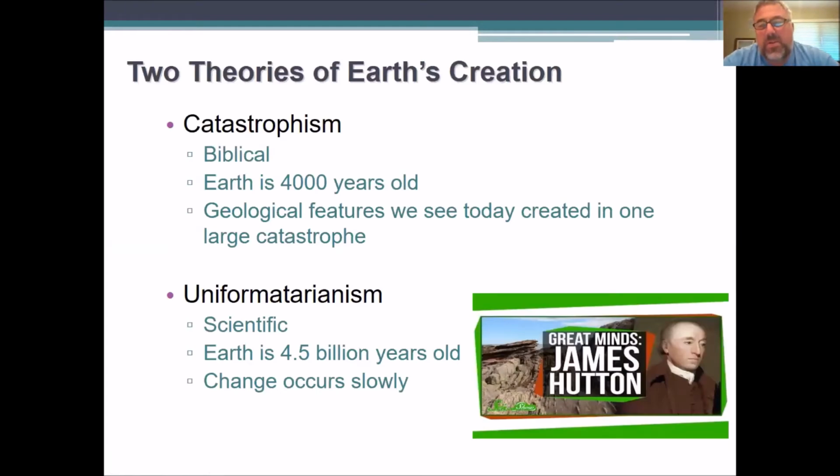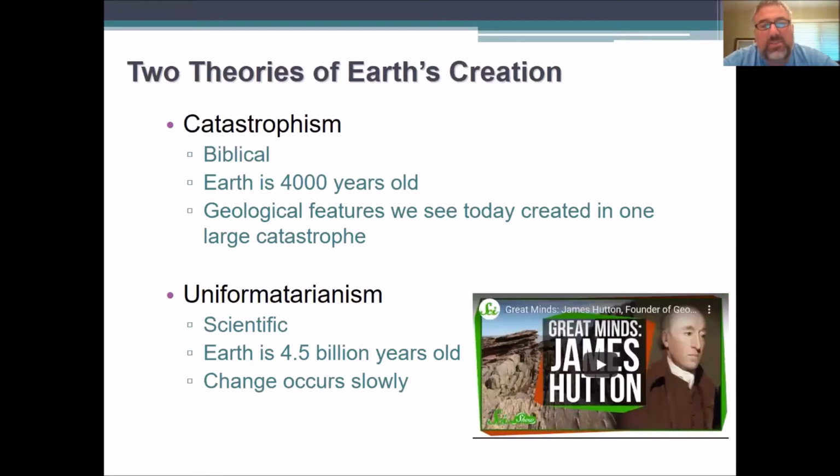So there are basically two main theories, and it's pretty interesting. When you think about the creation of Earth and you look at where things are, you have the first thought, which is catastrophism. It's a biblical approach.